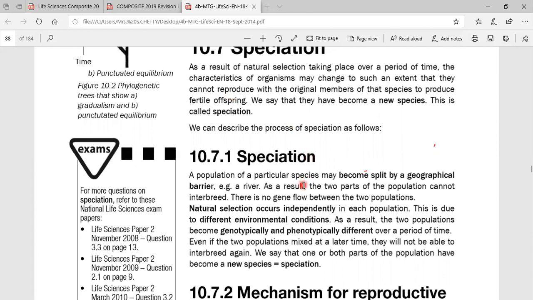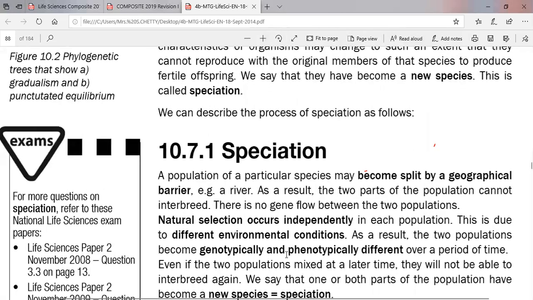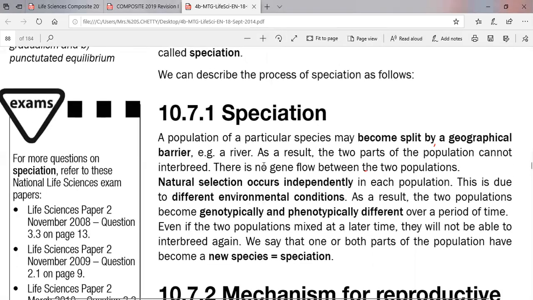Are you with me? As a result, the two parts of the population cannot interbreed because they can't reach each other because there's a barrier. There is no gene flow between the organisms.